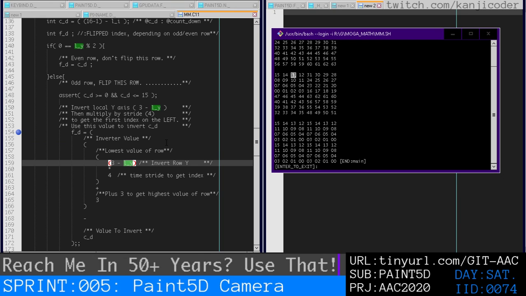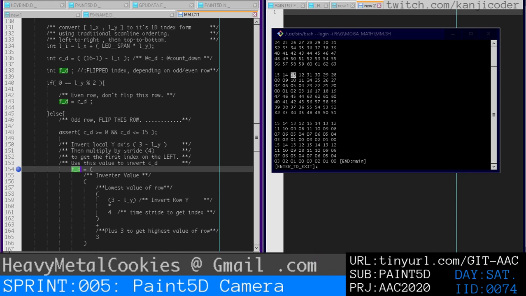It could be in terms of inverting at the wrong spot, so we might want to do this countdown here.